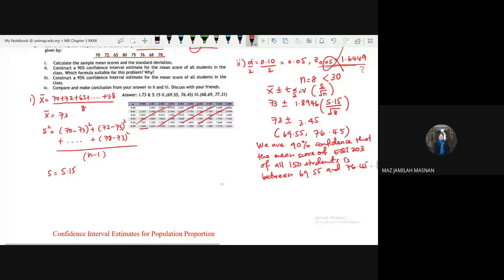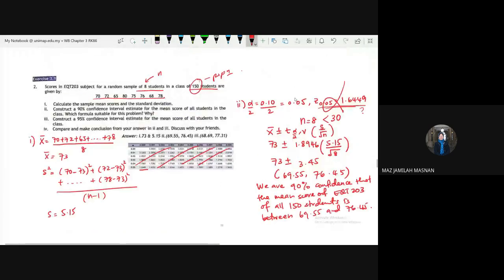Okay, class, clear? Which formula is suitable for this problem? This formula. Why? Because n is less than 30.